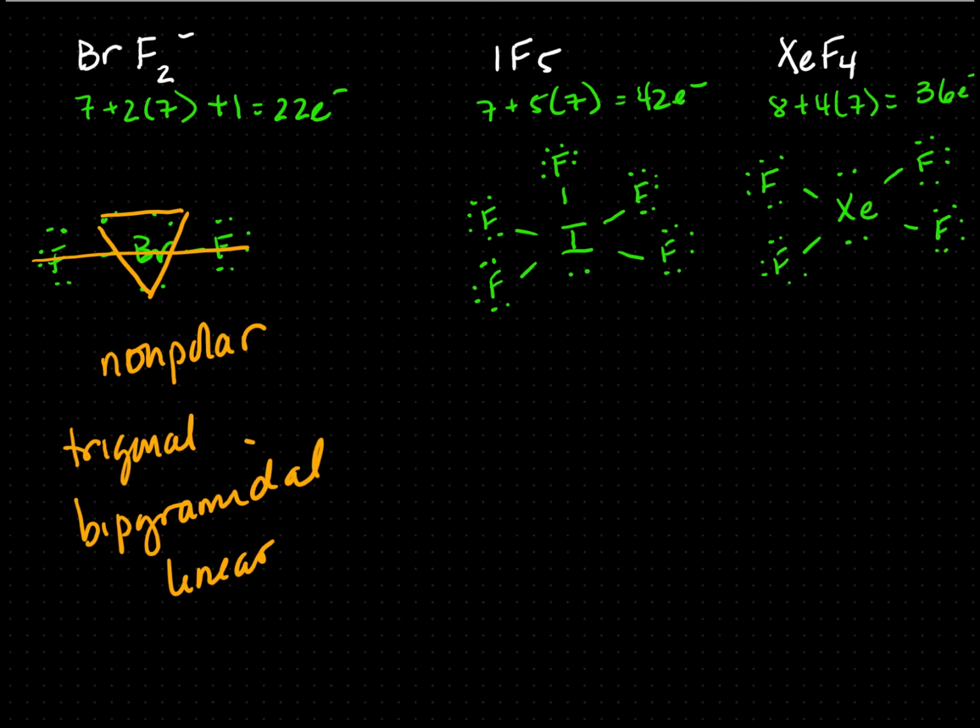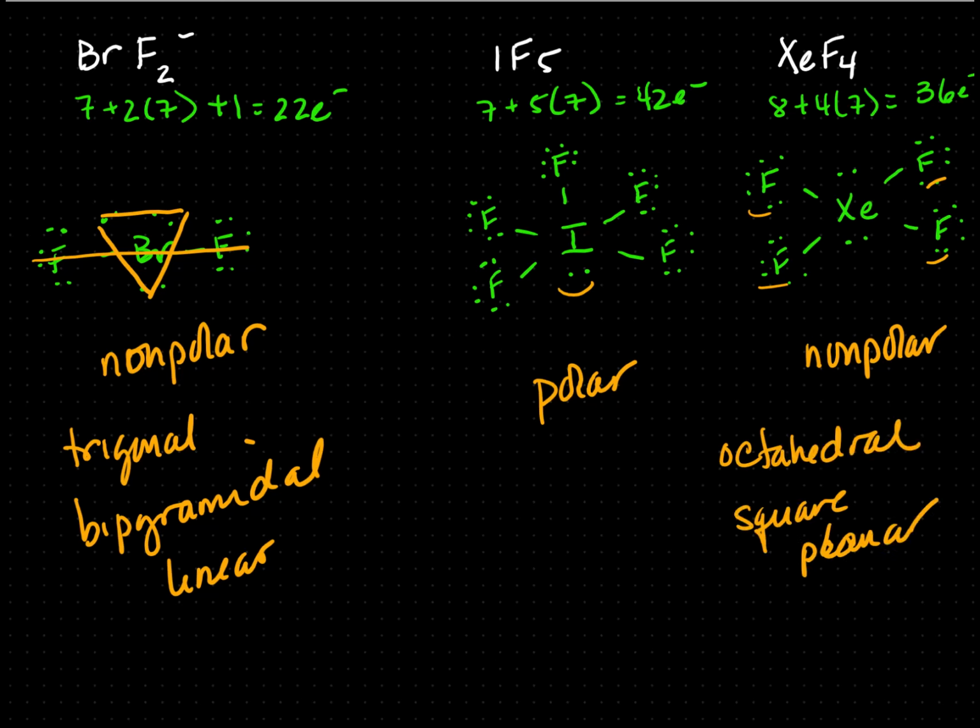In IF5, this is polar because the central atom has a lone pair. The last one is nonpolar, even though it's symmetrical outside because all of the fluorines are the same. It has lone pairs, so you would think it is polar, but this is also an exception to the rule. This is octahedral square planar. The lone pairs are on opposite sides, so they cancel each other out.